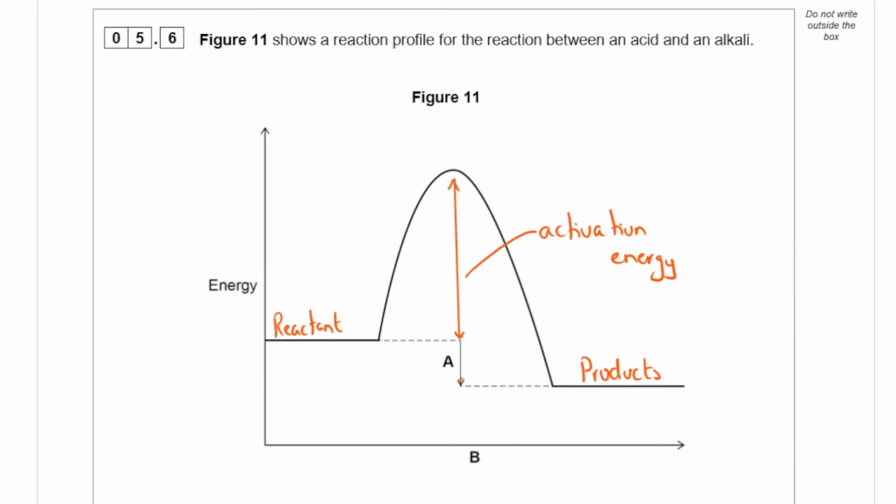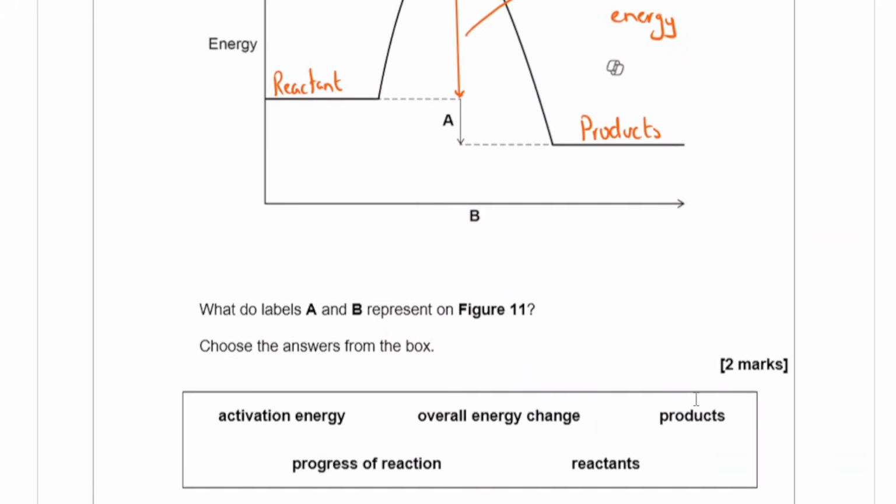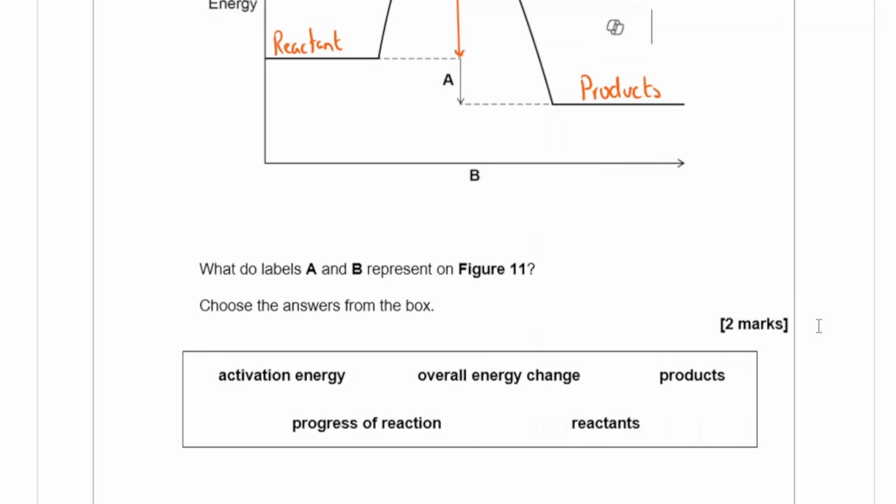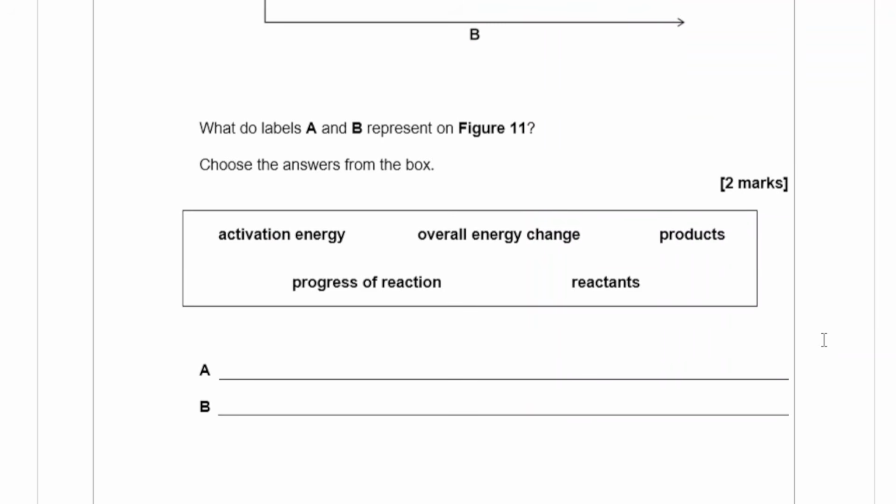A is the energy change during the reaction. B has to be the progress of the reaction. So we can label. So A is the overall energy change. B is the progress of reaction.